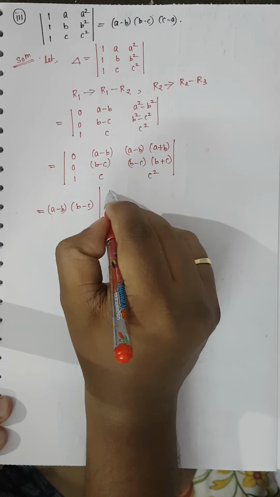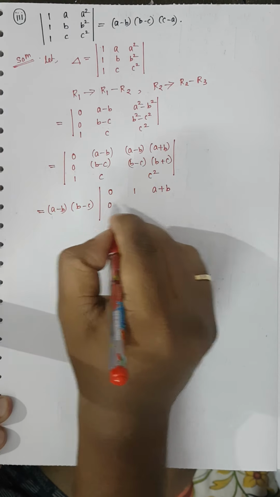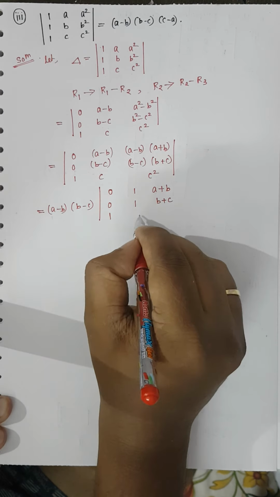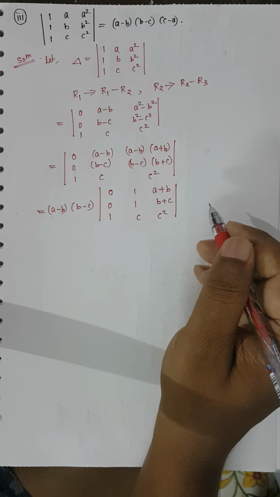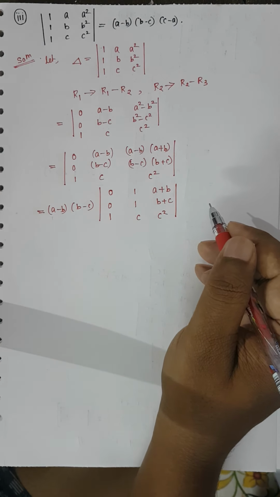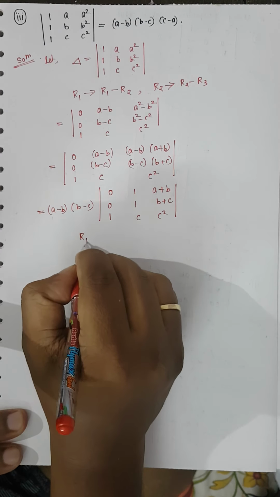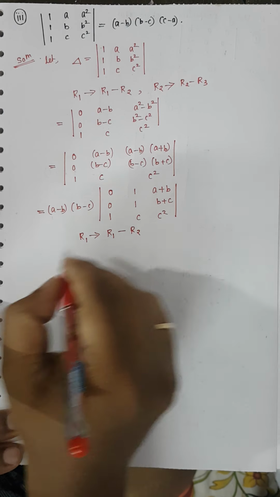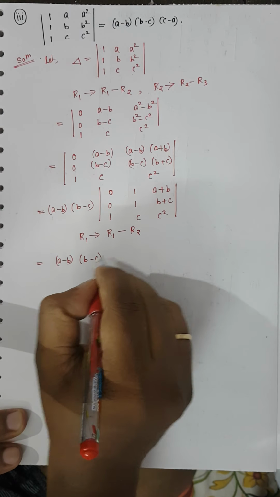Now we'll get 0 1 a plus b, 0 1 b plus c, and then 1 c c square. Further you can also use a property. If you write again row 1 changes to row 1 minus row 2, you will get a minus b, b minus c.